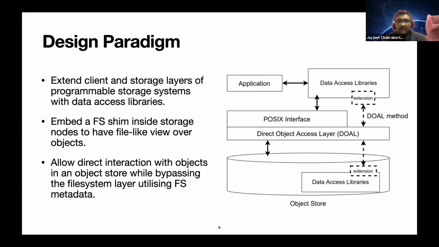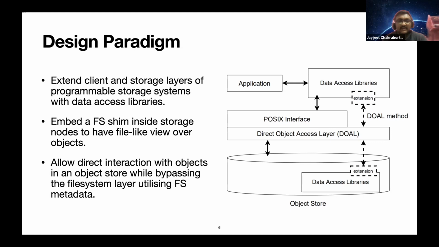And the third point, which is the most important, is that we have a dual interface. We have a POSIX interface with CephFS, so that we can just dump in Parquet files or some other files to the storage system during the write path. During the read path we don't use the POSIX interface anymore because it's not of much use.